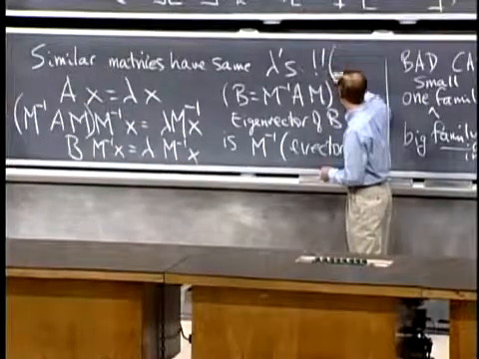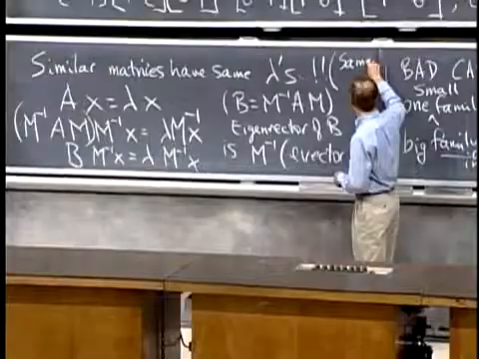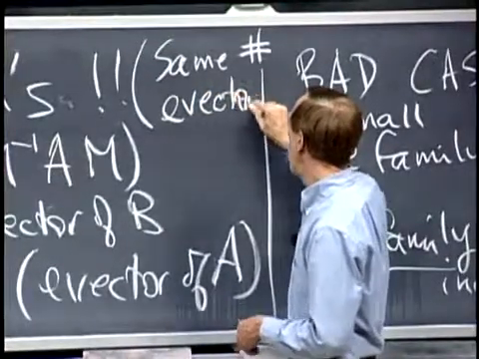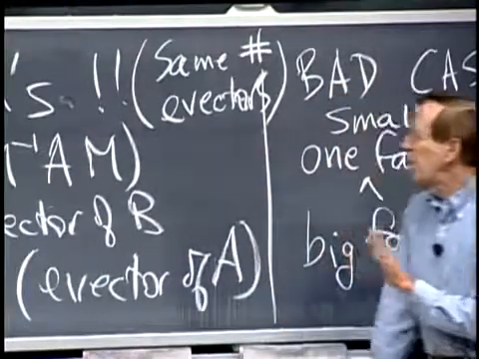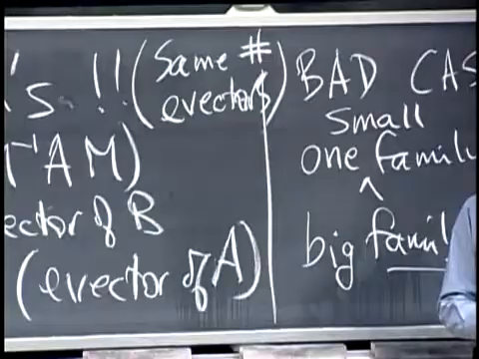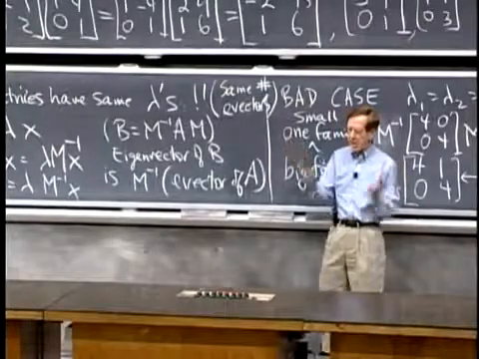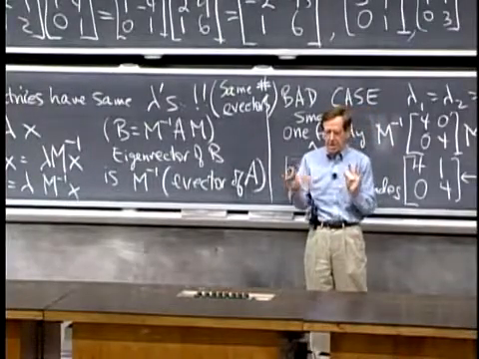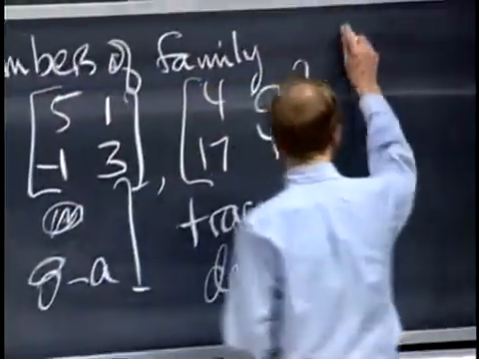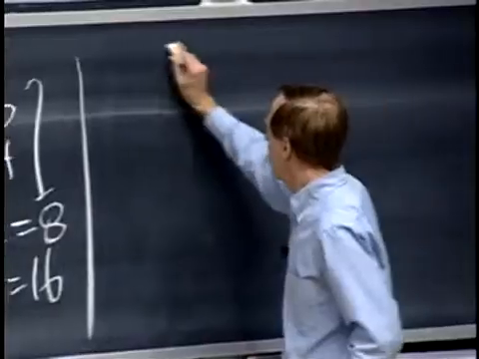And the same number of eigenvectors. But even more than that, it's not enough just to count eigenvectors. Let me give you an example why it's not even enough to count eigenvectors. So another example. So here are some matrices.